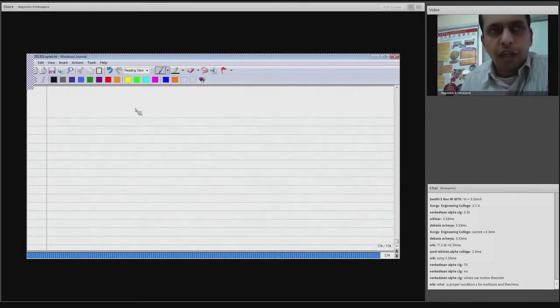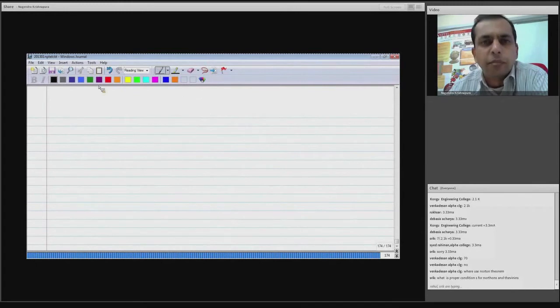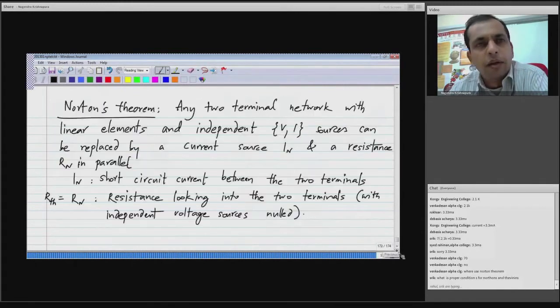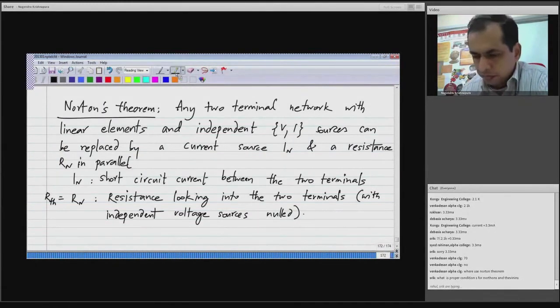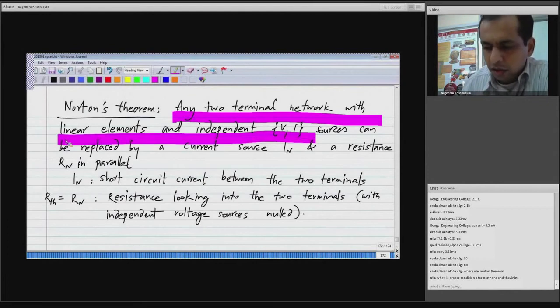Now, like I said, any circuit. So there is also another question, what is the proper condition for Thevenin and Norton? I guess what is meant is that what kind of circuits can be represented by Thevenin and Norton. And that I wrote out here. So this is exactly the condition.